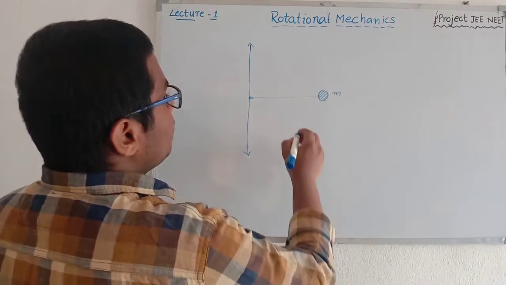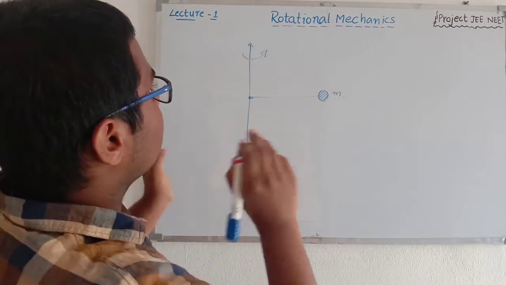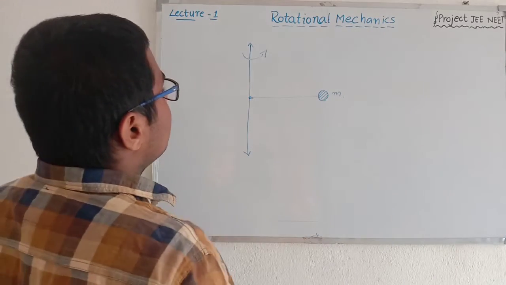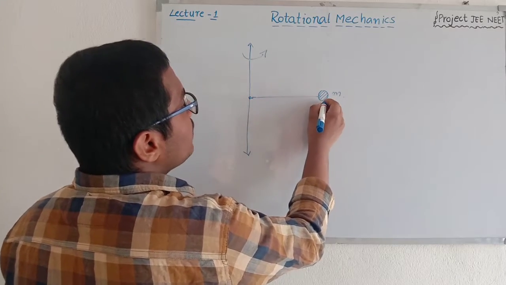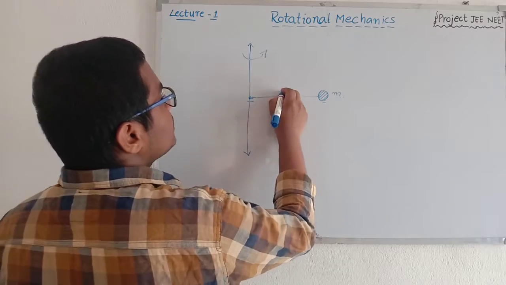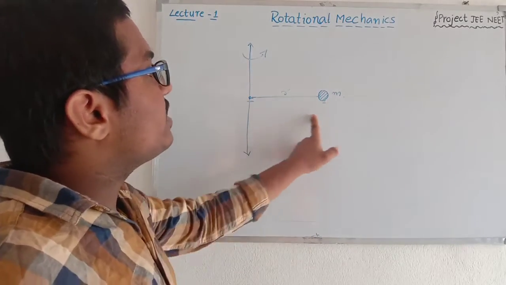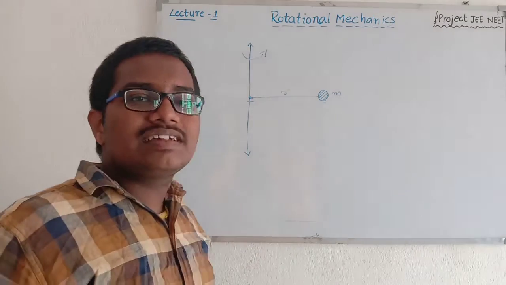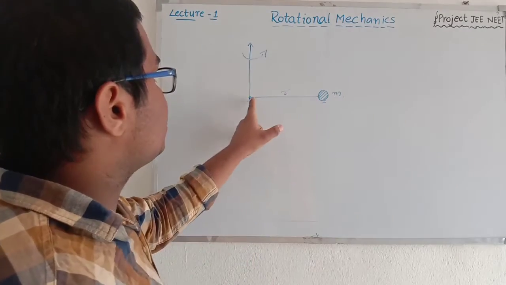If this is rotating along this axis, in a clockwise or anti-clockwise direction, and this is the distance between the particle and the center of the body, let's name it r. So the moment of inertia for this case is, so we ask like this. This is the basic case, the first case which is discussed everywhere.